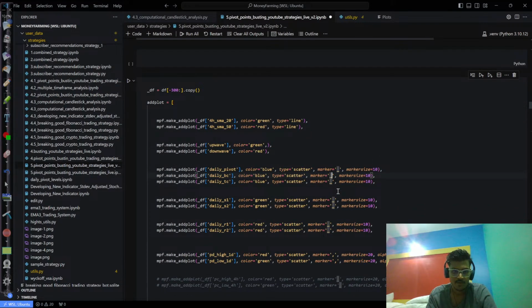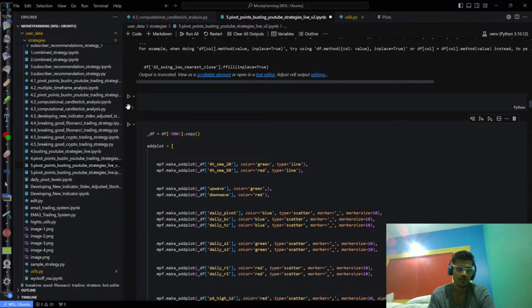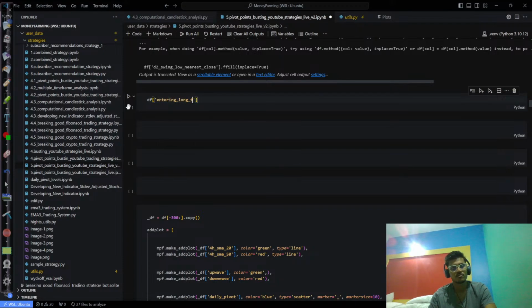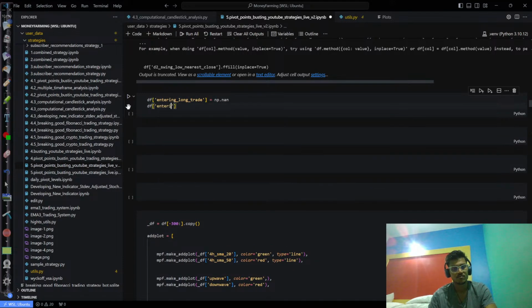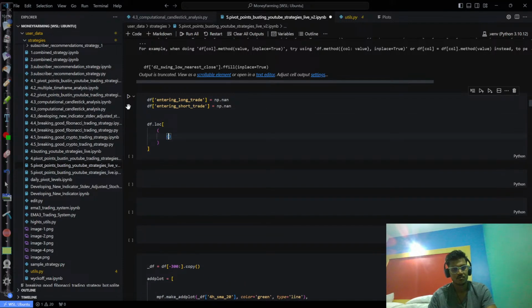Okay, so this is my entry conditions. Entering long trade, entering short trade. So the first condition is that the 4-hour EMA 20 should be greater than the 4-hour EMA 50.